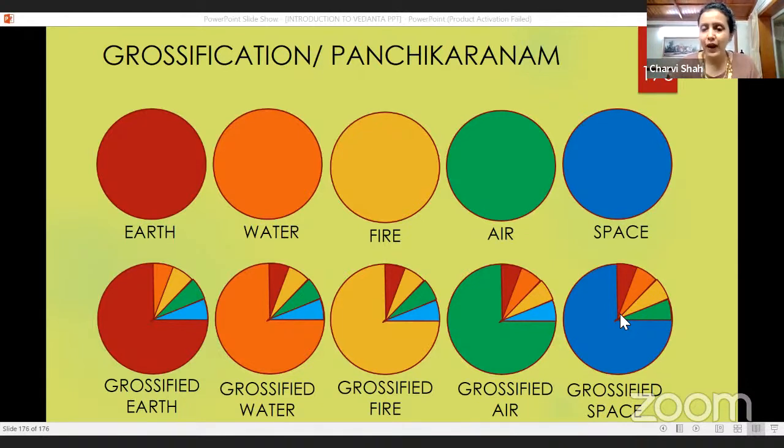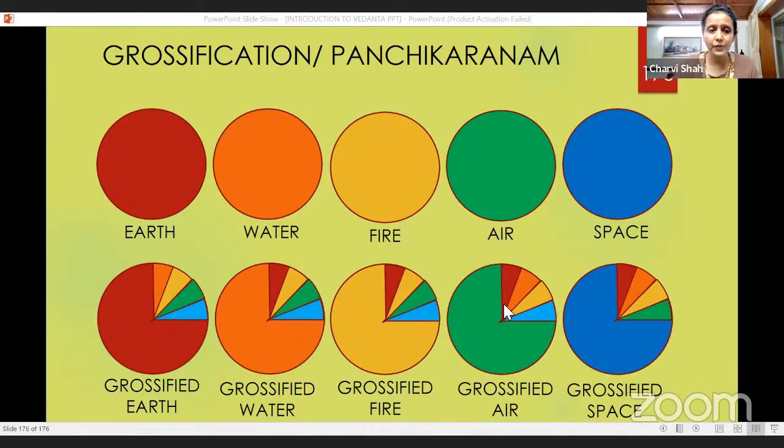But just for your understanding, you can understand it as a larger component being space, and in the smaller component come all the other elements.